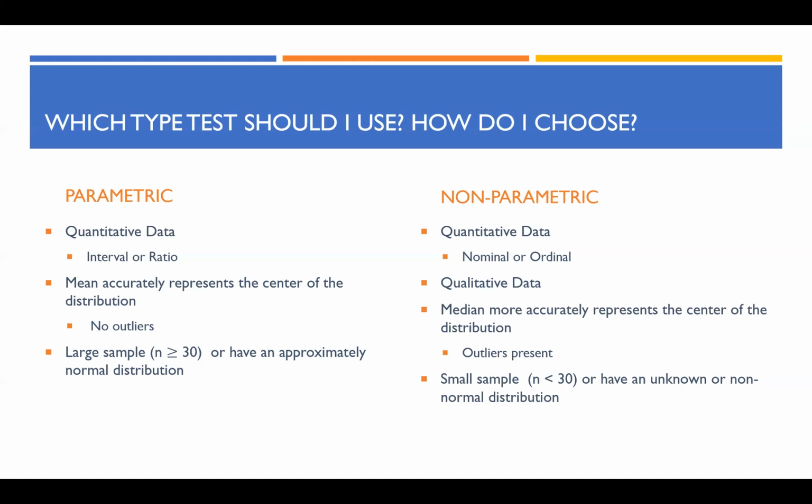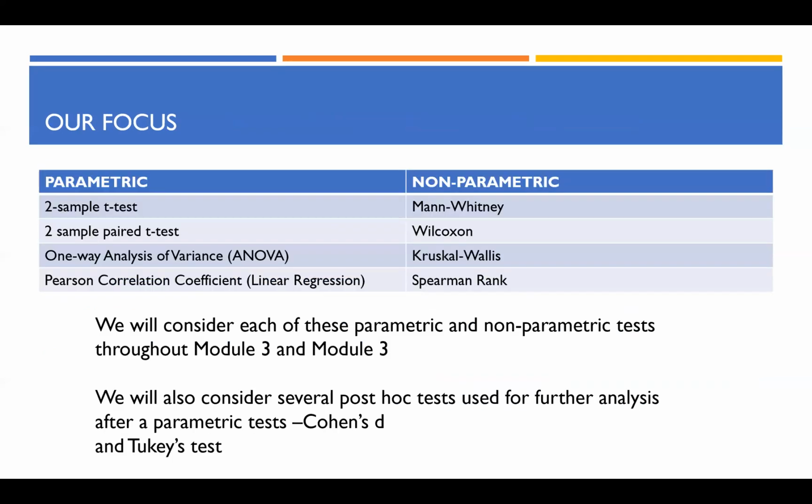So every parametric test has an equivalent non-parametric test. As we go through modules 3 and 4, we're going to look at the parametric test, but we're also going to look at its non-parametric equivalent. This is how some of them pair together. You have a 2-sample t-test, and the non-parametric test is called the Mann-Whitney.